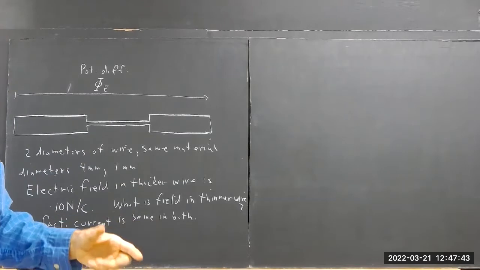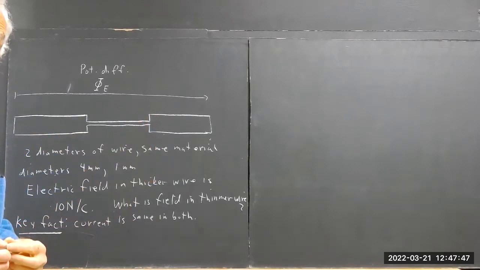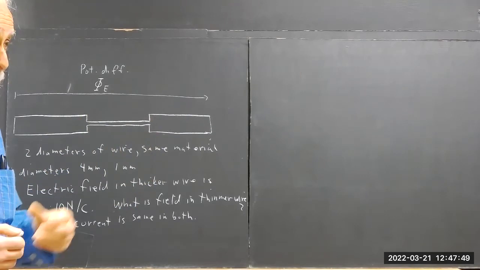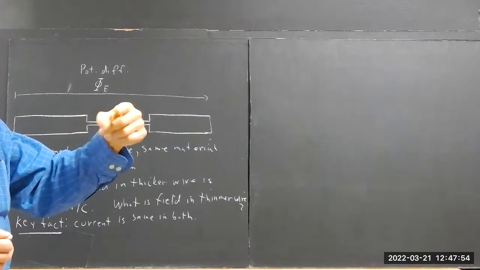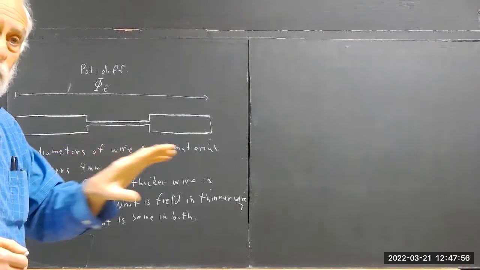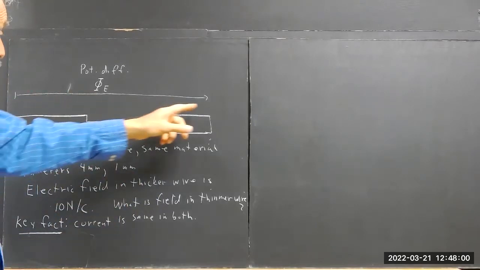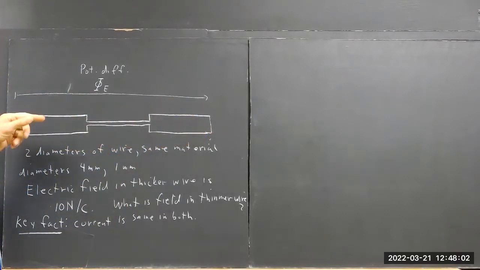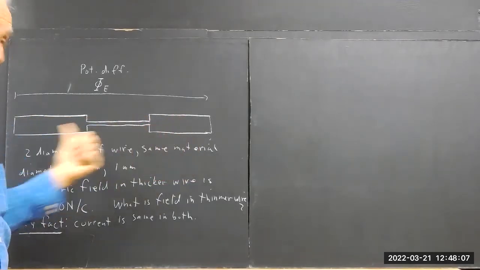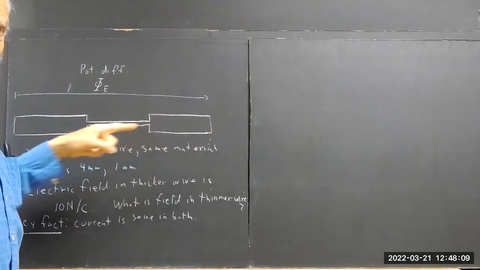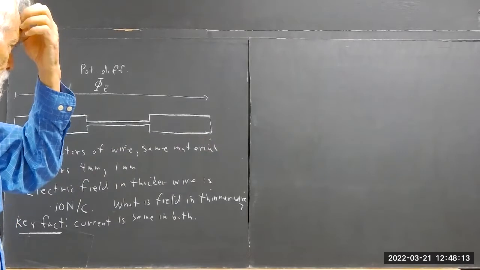Get the electrons to move fast, remember that they're accelerated by the electric field. But they don't get to accelerate far, they just wiggle around, bounce back and forth, but gradually tend to move in the direction the electric field pushes them. With a higher potential here than here, your electric field is in this direction, so electrons are actually moving in this direction, but your current is in the direction of the electric field.